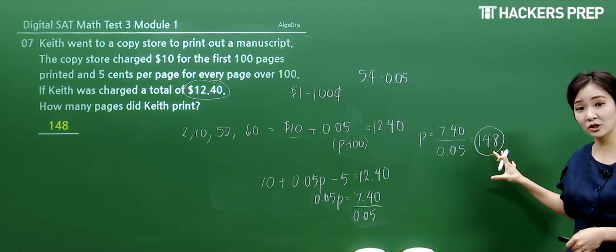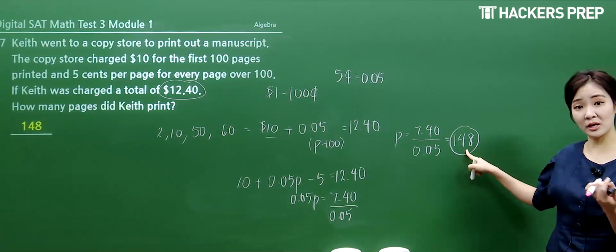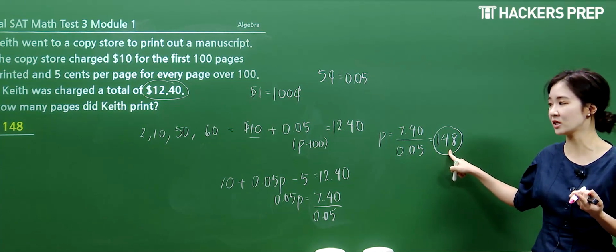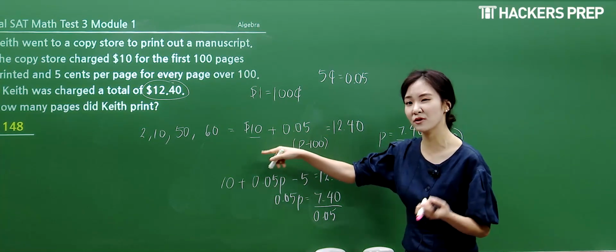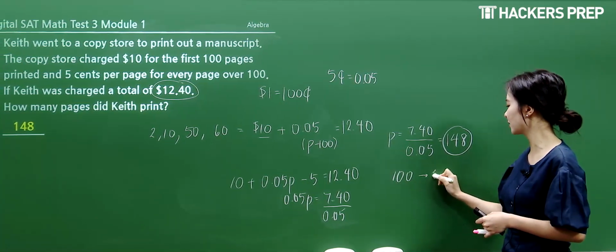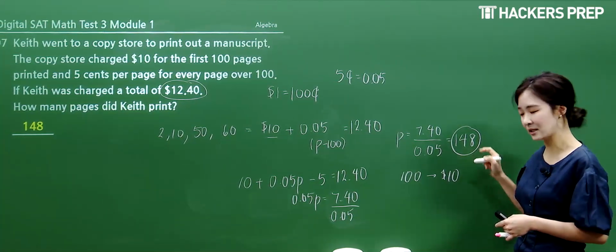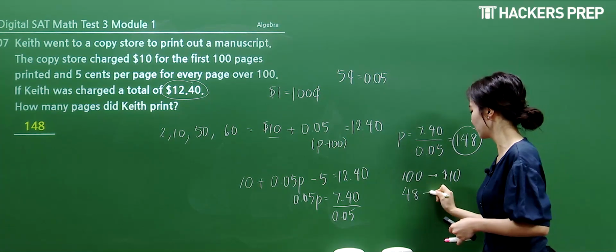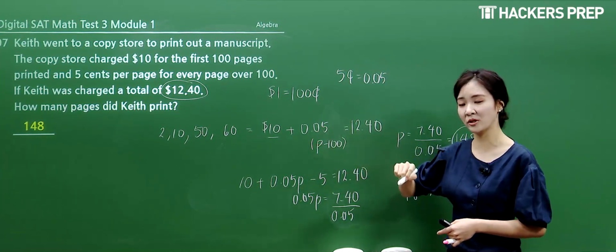Again, just going back to the scenario, okay? If he decided to print 148 pages, he's going to have to pay $10 for the first 100 pages. And then for the 48 extra pages, he paid 5 cents, 0.05.